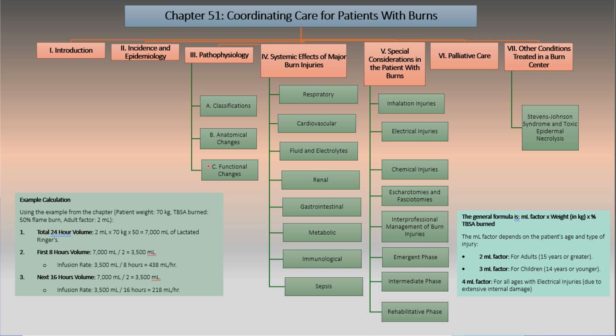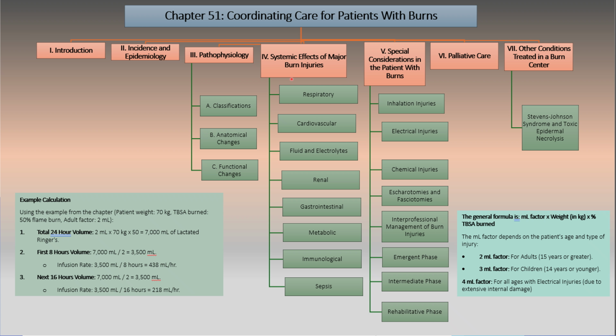What I just said, like zone of stasis, zone of hyperemia, zone of coagulation, those are key terms. Find them also in the book. I already posted the terminology for this chapter that I explained in our own words, what that means.